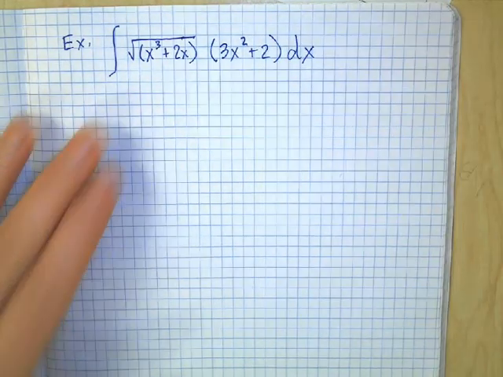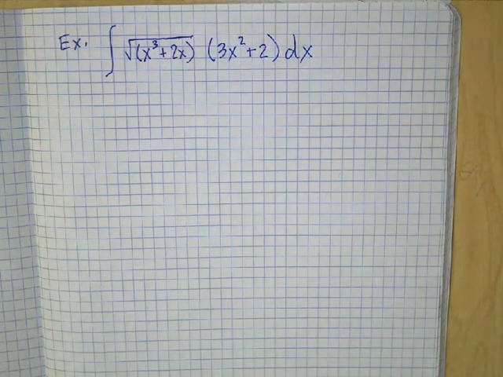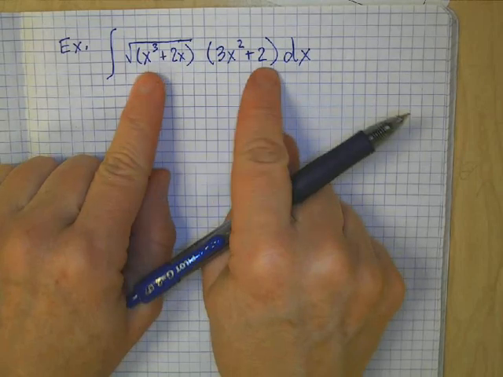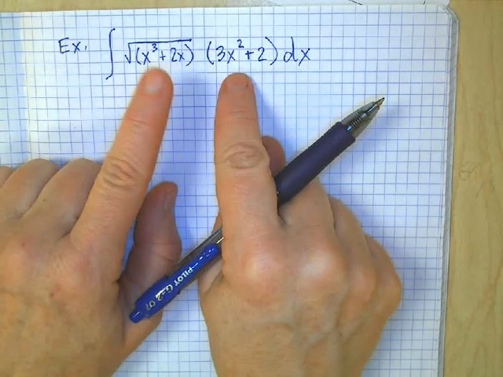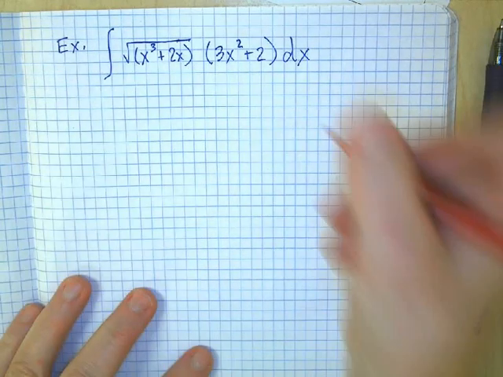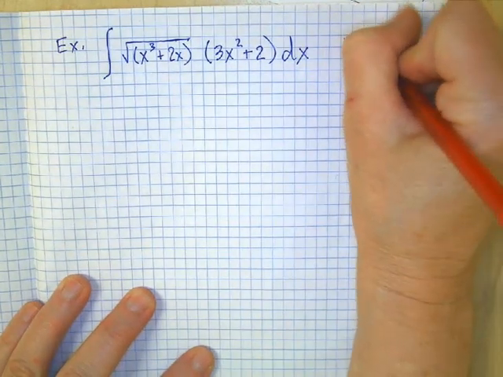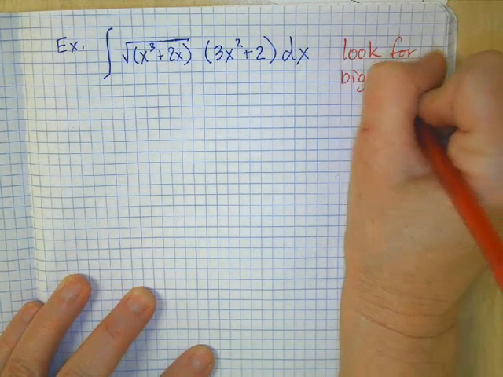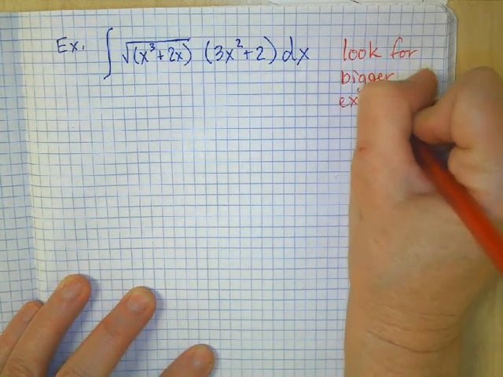Okay, we're going to integrate with respect to x. Okay, so we need to look at what we've got here and recognize, is one of these the derivative of the other? So the thing you're looking for is look for the higher exponents. Okay, so look for bigger exponents. Who has the bigger exponents? That's going to be your u.